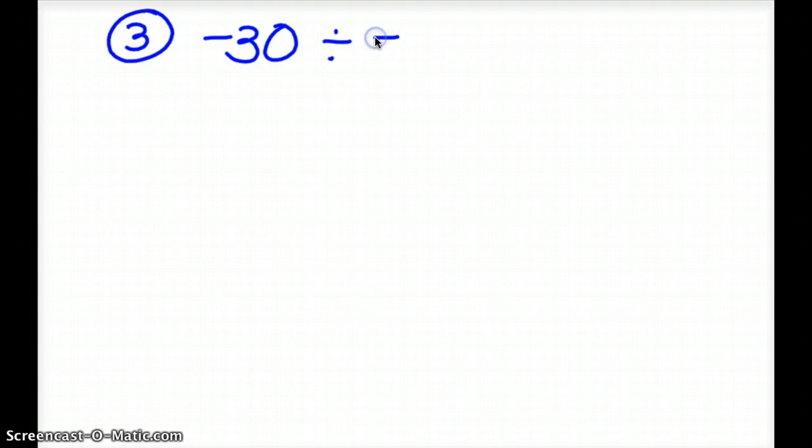All right, let's look at two examples here. How about number 3? Let's do negative 30 divided by negative 5. Mr. Pansini. I think it might be 6. It is a positive 6. Two negatives make a positive. Very good.